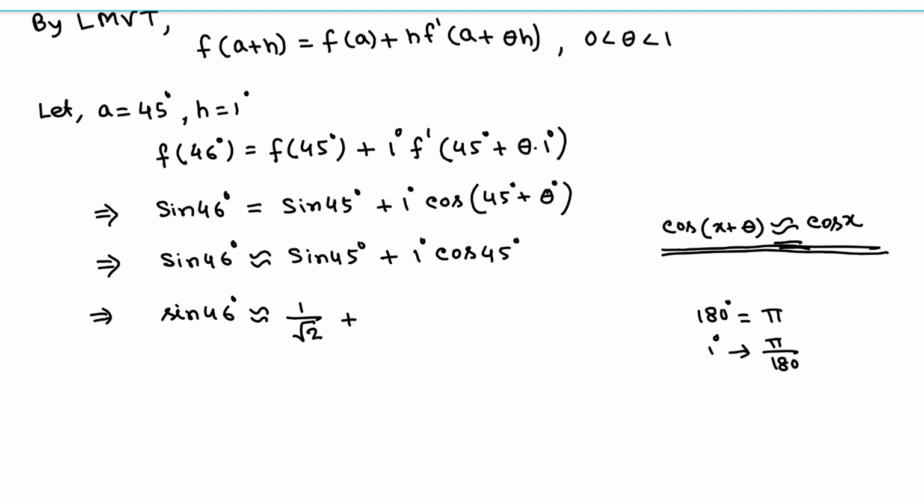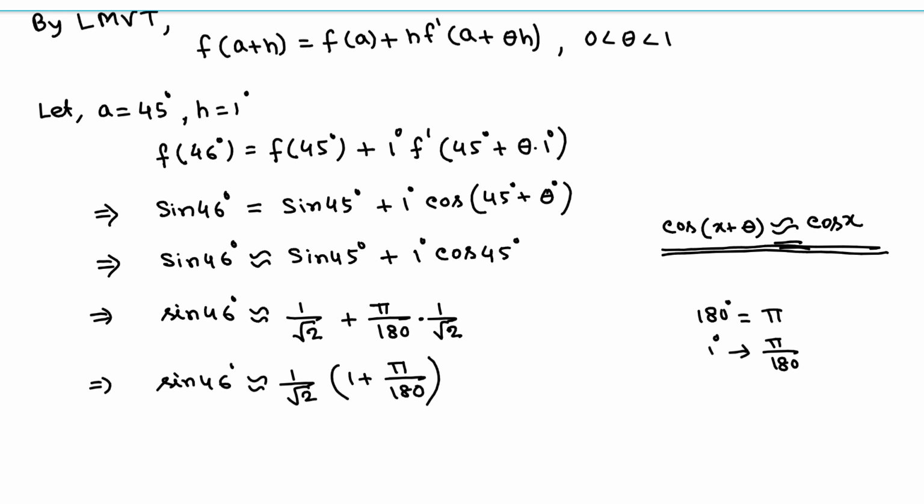So in place of 1 degree we can write pi by 180. And what is the value of cos 45? Again 1 by root 2. So sin 46 degree is nearly equal to 1 by root 2 is common, so this will be 1 plus pi by 180. So hence proved.